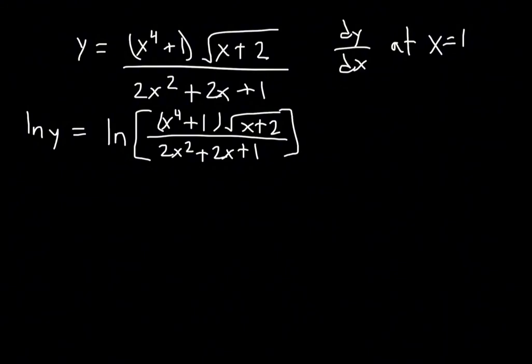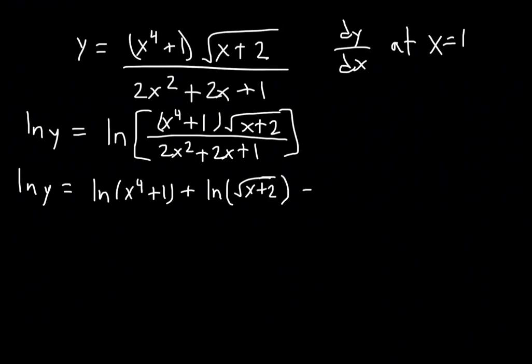And now we need to use the properties of log to break this apart. So ln y is equal to ln of (x raised to the power 4 plus 1), plus ln of the square root of (x plus 2), minus ln of (2x squared plus 2x plus 1).